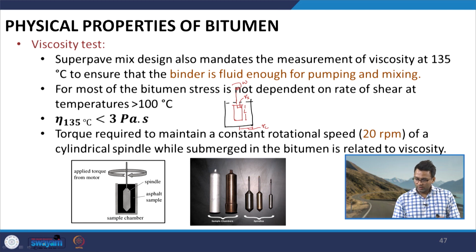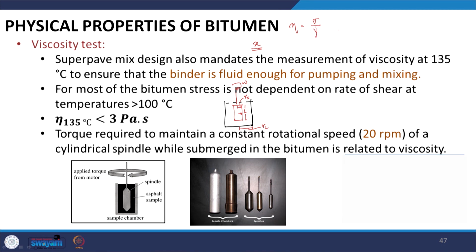Using these variables we can calculate the viscosity at any radial distance from the center of the spindle. So, at any radial distance x, if you are interested to find out the viscosity of the bitumen, viscosity is basically defined as stress by shear rate. So, this is the basic definition.